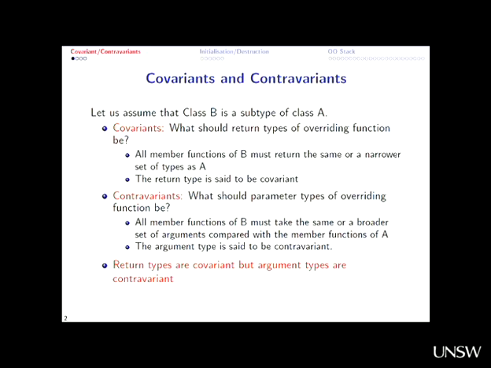But say all the member functions of the DiscountedBook class must take the same or a broader set of arguments compared to member functions of A. And so this is basically the reverse of covariance. They've got to take the same arguments or a broader set of arguments. Okay. So what's coming out of the functions, the return types, need to be covariant. What's going in needs to be contravariant.